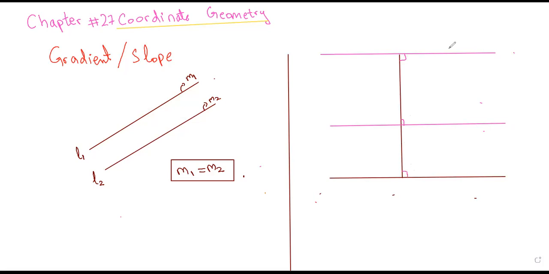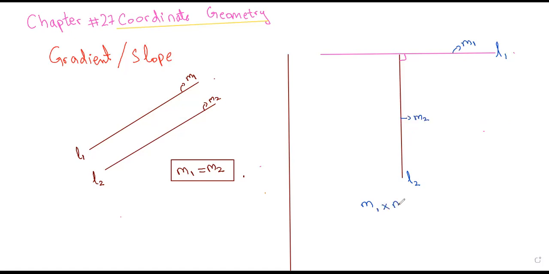Okay. So let's just pick up two lines. This is L1 and this is L2, and they are perpendicular. The rule says that, let's say this line has slope m1 and this line has slope m2. m1 multiplied by m2 is -1.